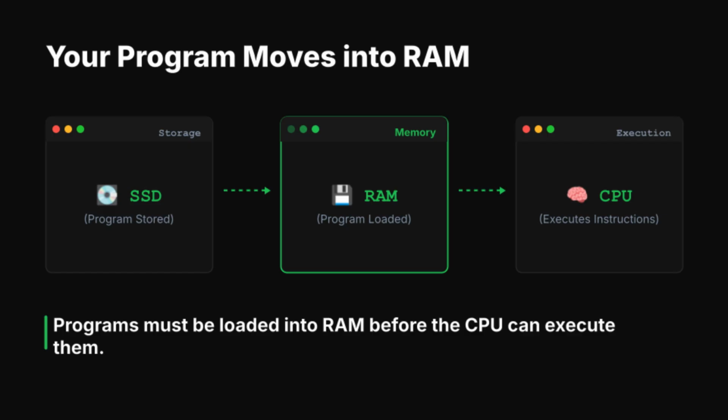So before your program can run, the operating system loads it into the RAM, which is right here in the middle. You can think of RAM as the CPU's workspace. Once the program is there, the CPU can access it much faster and it can start doing its job. So the journey is simple: SSD to RAM and finally to the CPU. And once the program reaches the CPU, that's where the real execution begins.